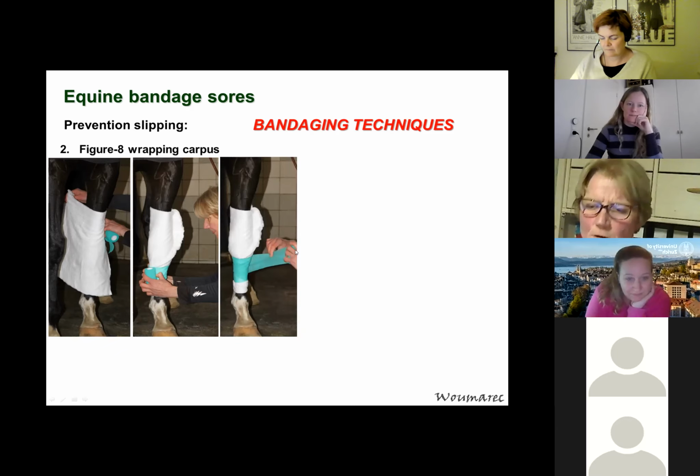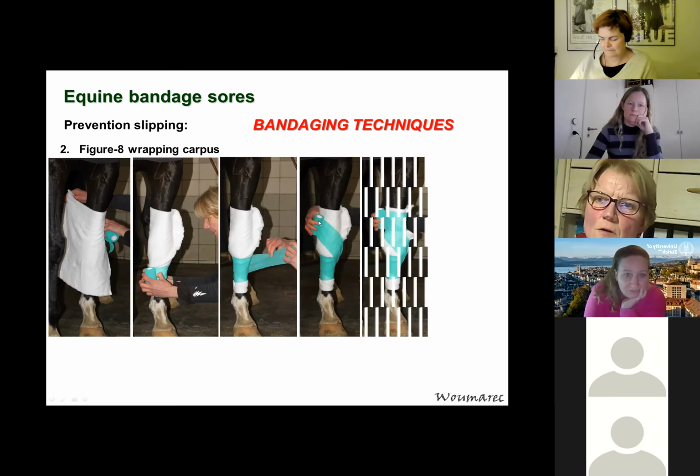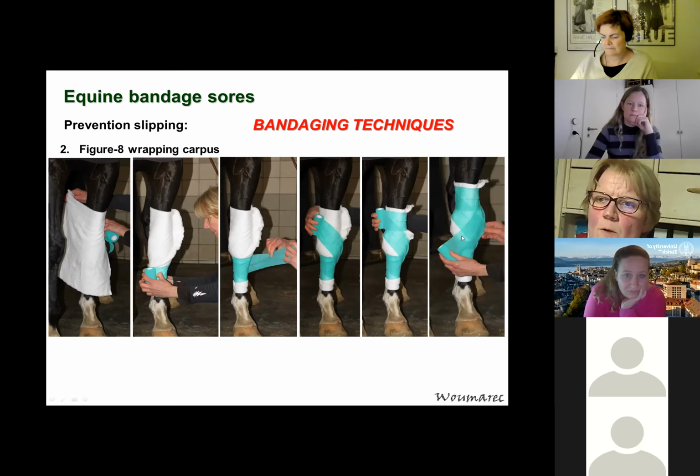Thereafter, you unroll the elastic bandage, and you let it retract, and you go up. So there's not much tension on this part of the bandage. And then you make a circular winding again on the proximal side. There's tension on this side, so on the circular one, and you go back with a non-extended part of your bandage again. So there's not much tension on this part, and this is firm.